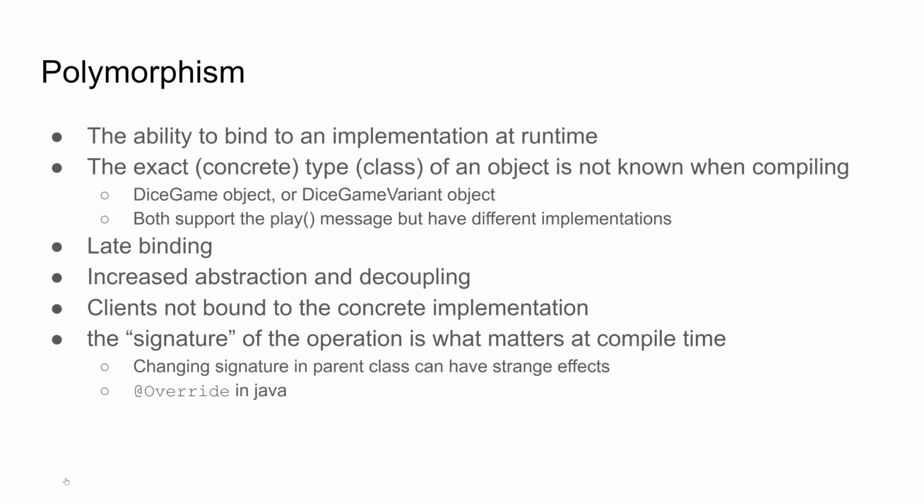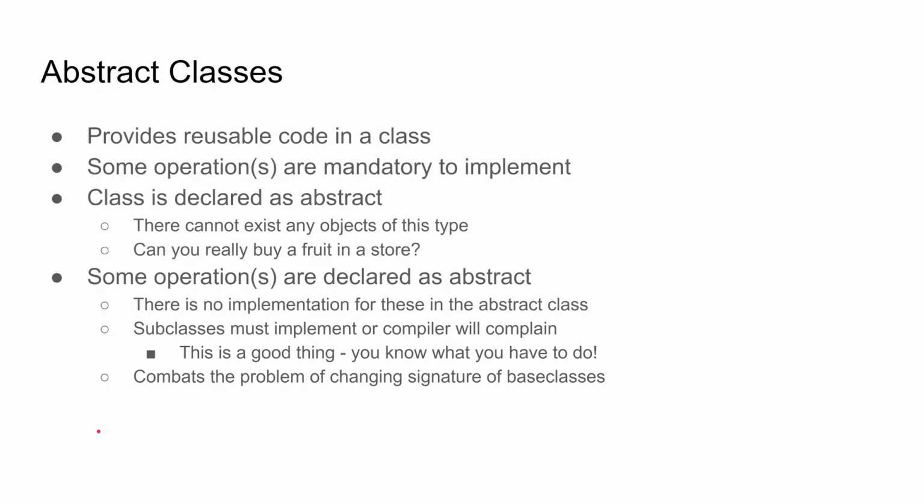This has been fixed a little bit in Java by supplying the override annotation. So you can say that, okay, this method should be something that overrides something in a parent class, and you will get a compiler error if you change the signature in the parent class and you forget to change it in the subclass. Another interesting idea connected to this is the concept of abstract classes.